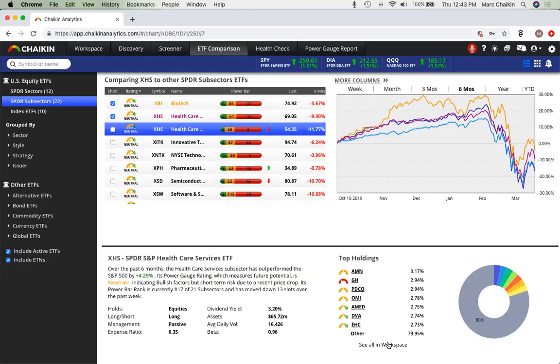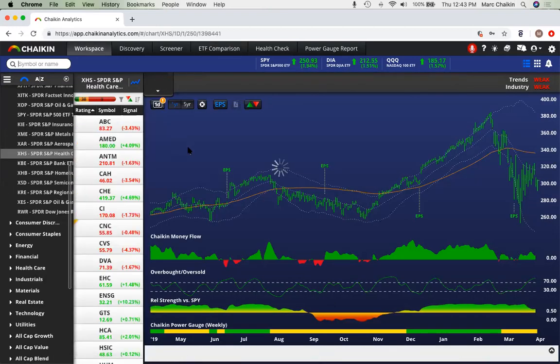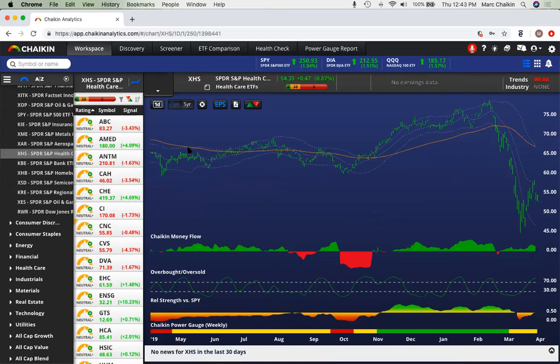So what we're going to do is go back into the workspace and see the stocks in this XHS healthcare ETF ranked by Power Gauge rating. And we're looking for those neutral plus stocks.